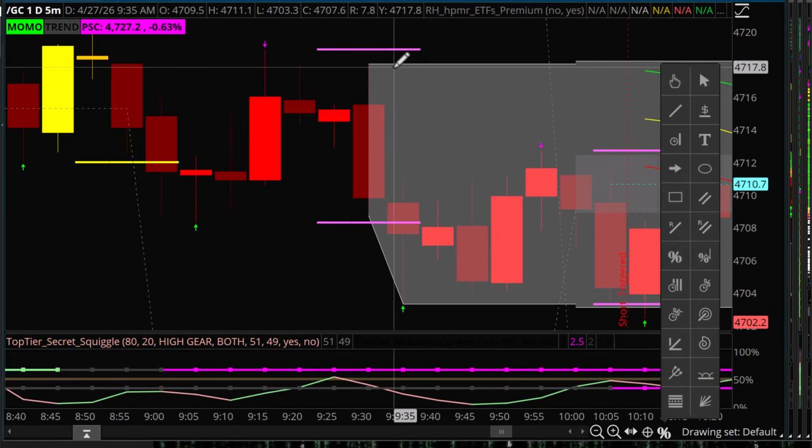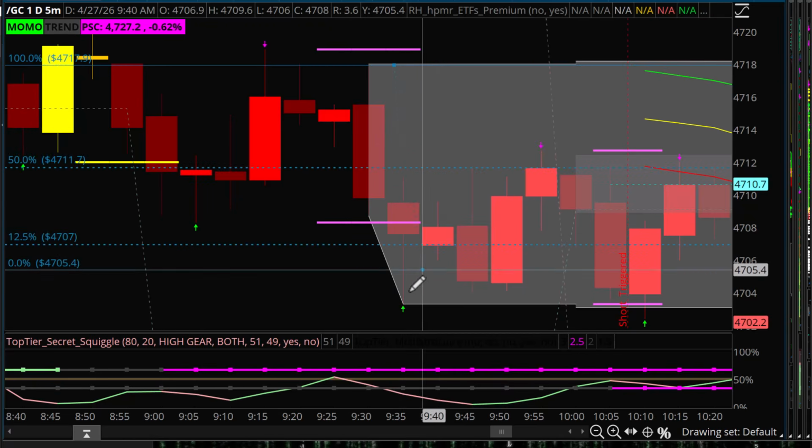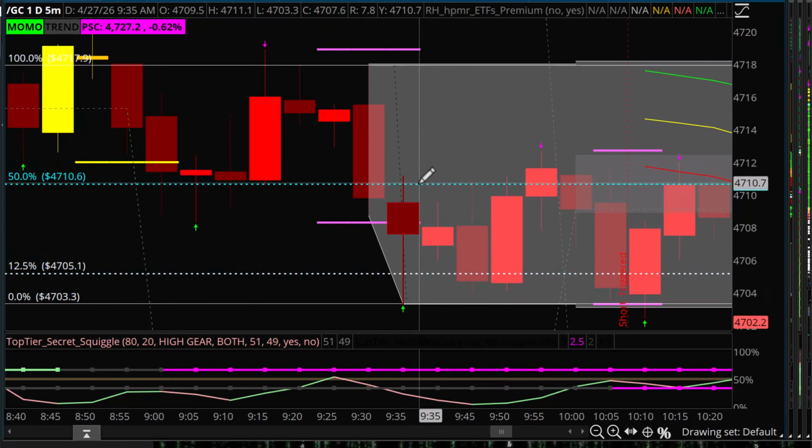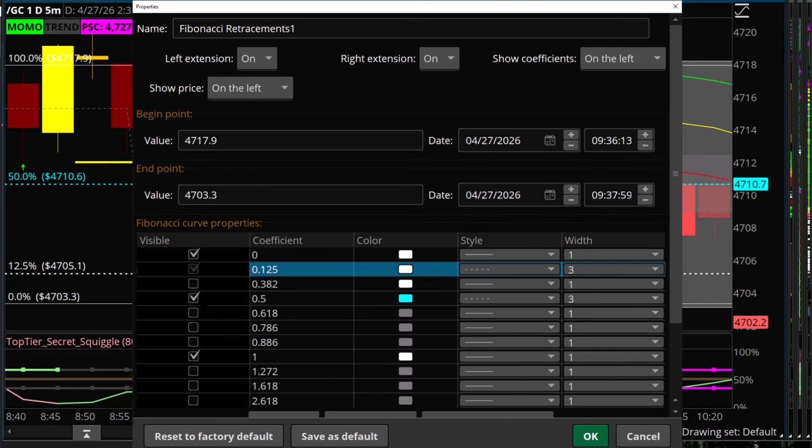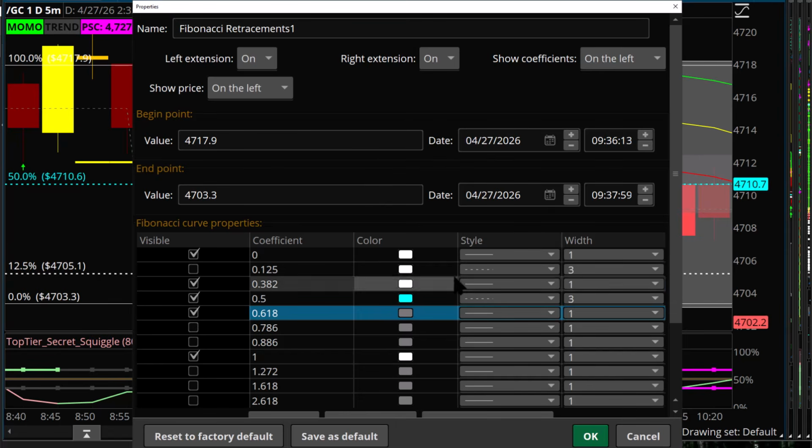I'm going to put a retracement over top of the high to low range. And in this retracement, what you want to do is use a 382, 50%, and 618. Some people call it Fibonacci, but actually, little point to note, these are actually levels that were first discovered by an Indian mathematician named Pingala.